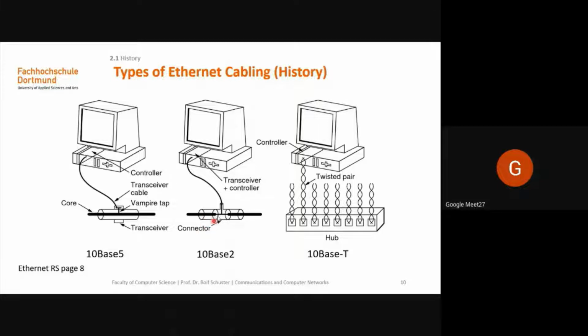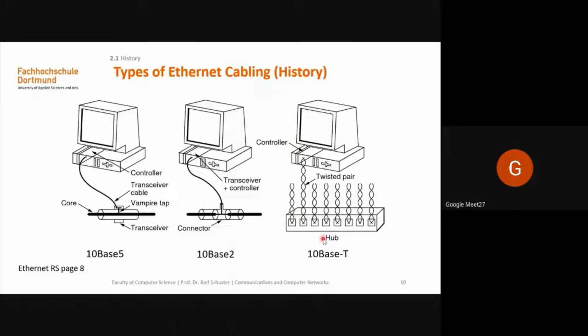In the case of thin coaxial cable, where we use, for instance, connectors called BNC, the terminology used was 10Base2: 10 for 10 megabits per second, Base for baseband, and 2 for the maximum length of a segment, which was 185 meters.